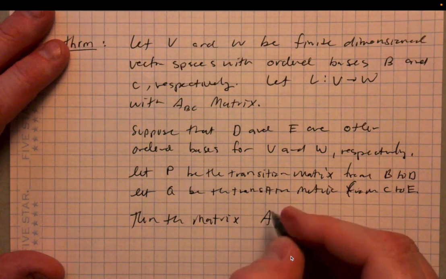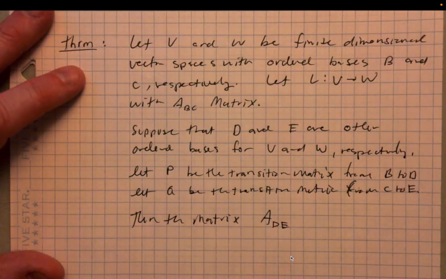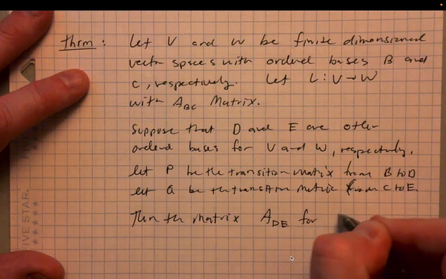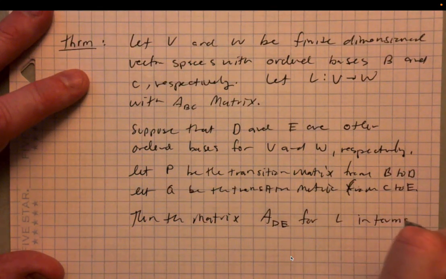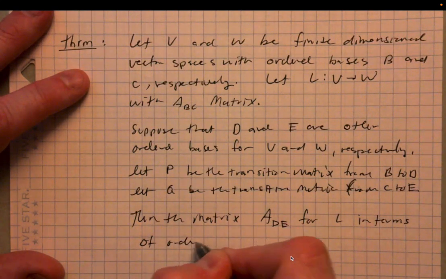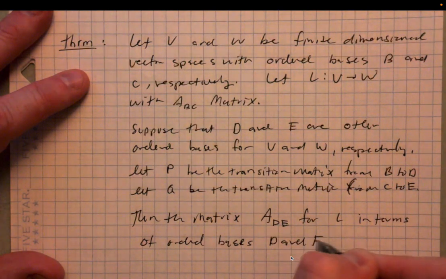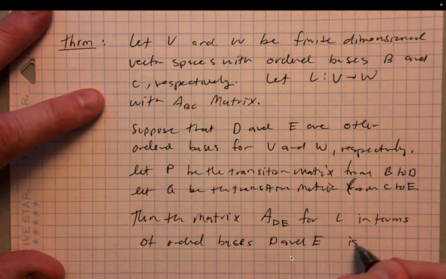Then the matrix A sub DE for L in terms of ordered bases D and E is given by, how does this work?